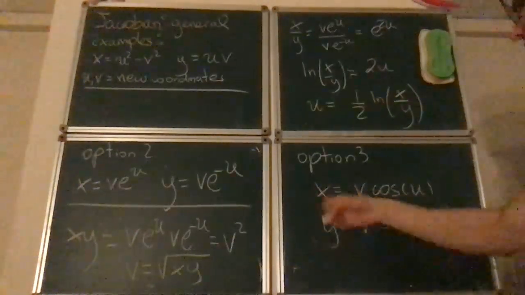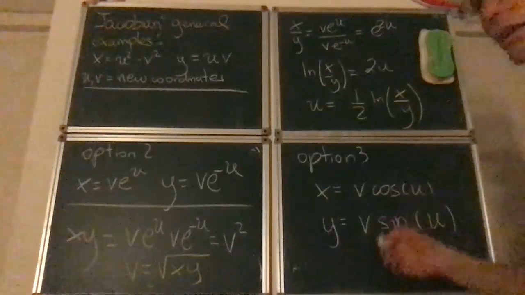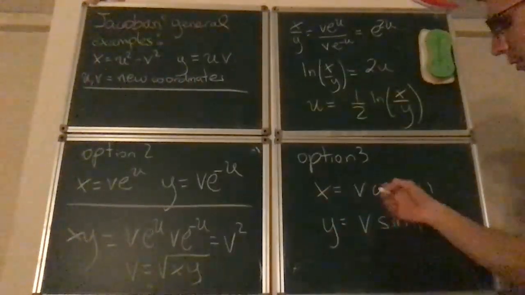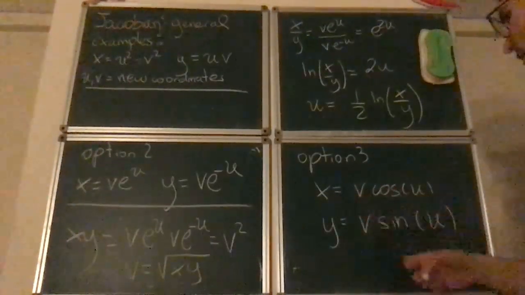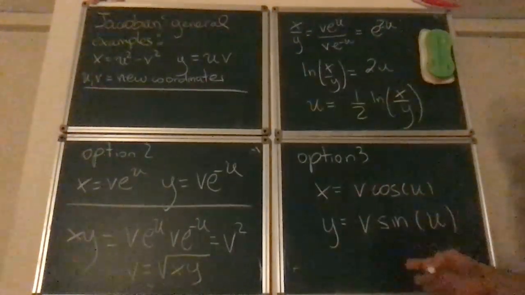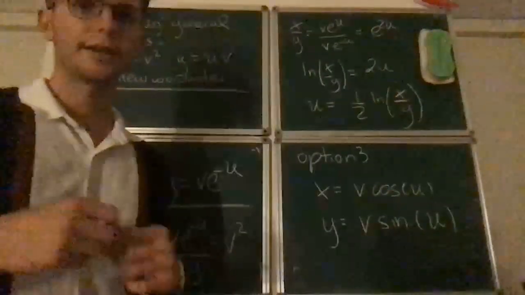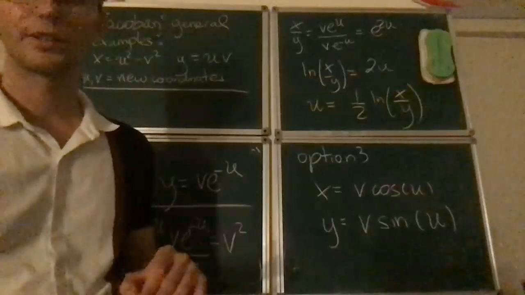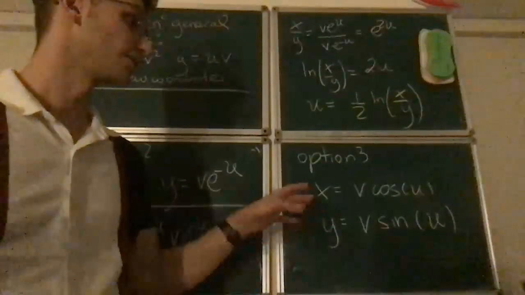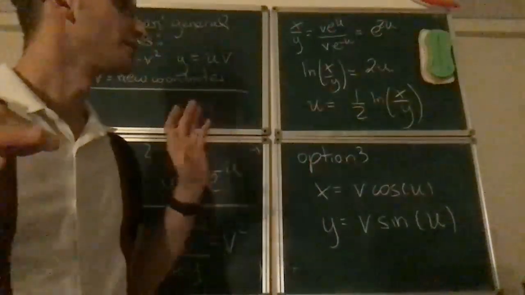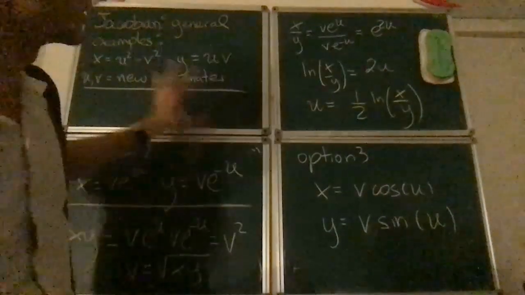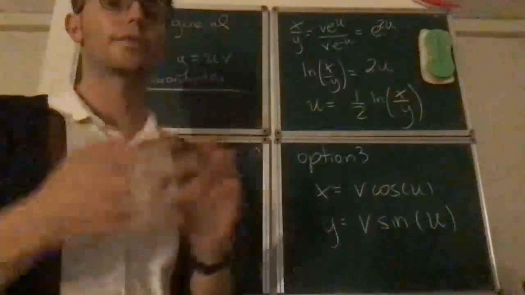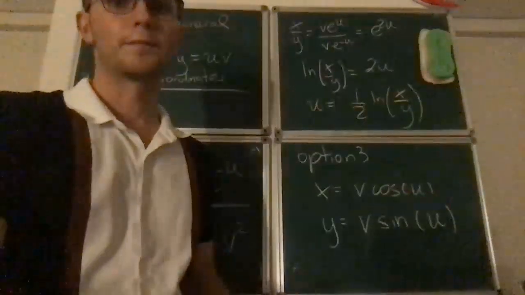If you write x and y in terms of u and v in this way, you should realize that this is secretly polar coordinates, where v is playing the role of r and u is playing the role of theta. So sometimes you might run into coordinates that you know from before. It's just that maybe you don't recognize them as such because their names were changed. So the next animation will show you the difference between these different coordinates and what their effects are on the xy plane.